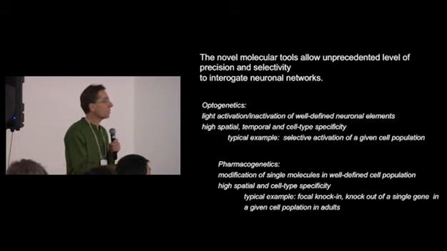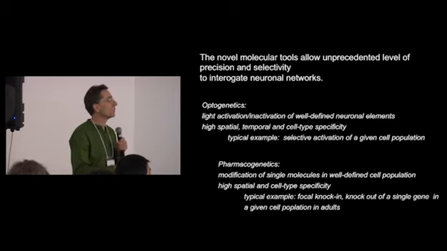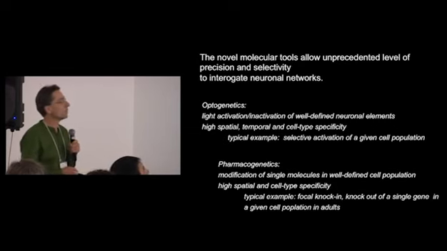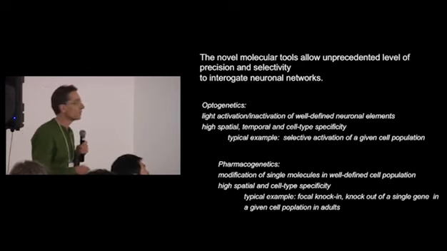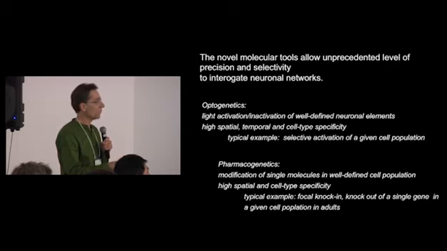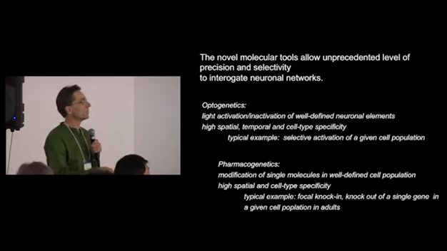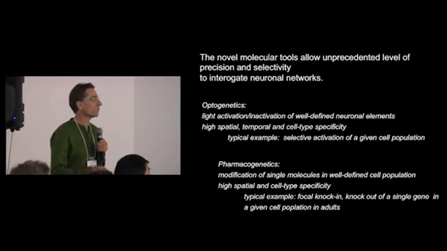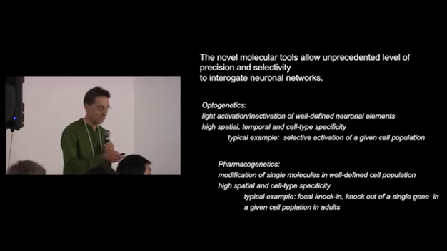An example of this technique, which I will also show, is that you can focally knock in or knock out a single gene in a given cell population in adults, and as a consequence you can avoid all the pitfalls of the full knockout animal. Of course, this technique doesn't have the temporal resolution of optogenetics, since removing a protein from a cell population requires at least a week.